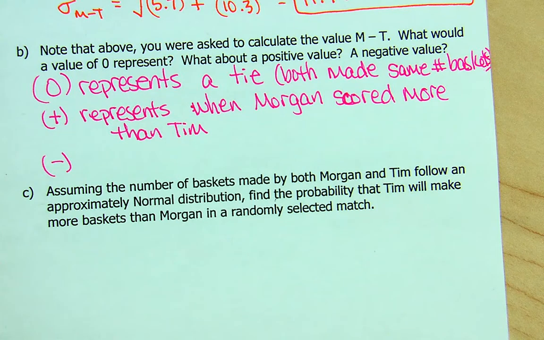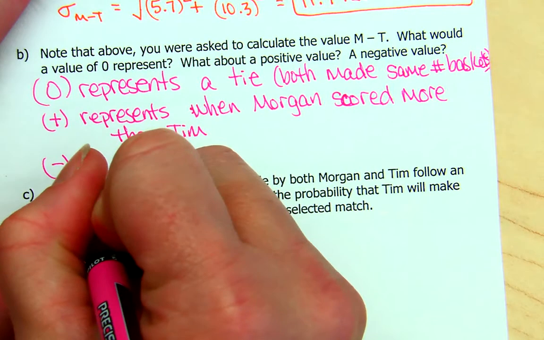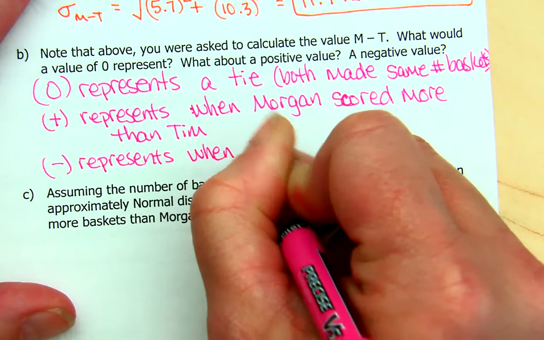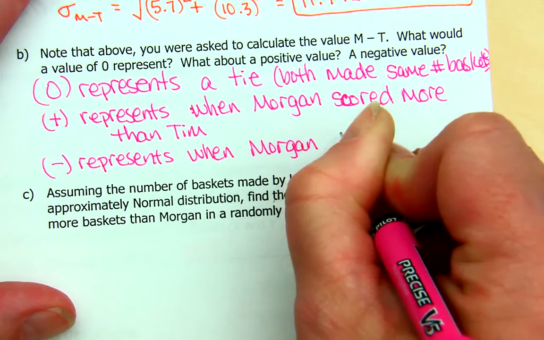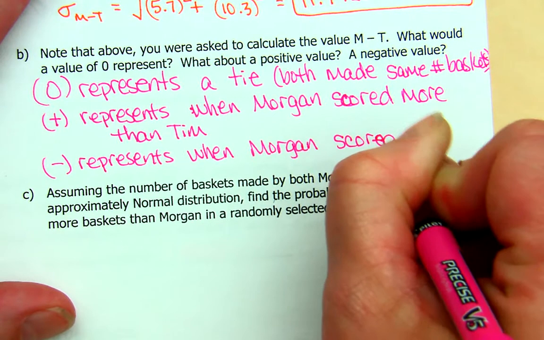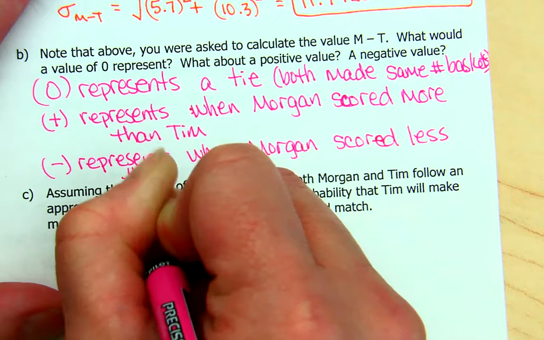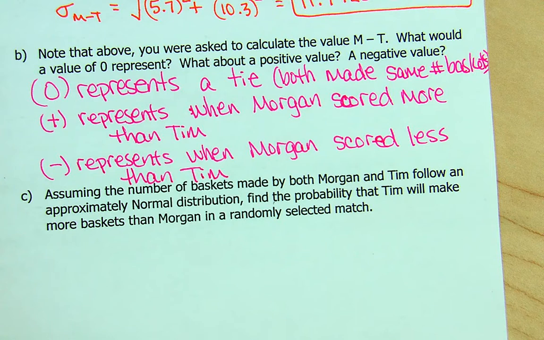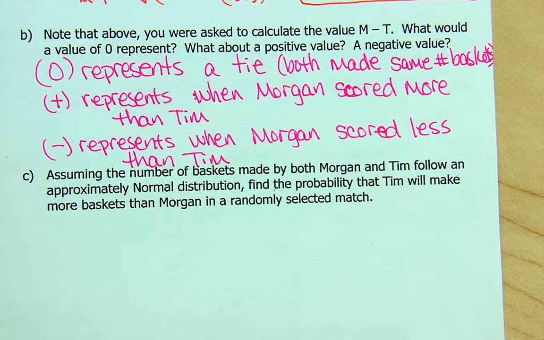Morgan scored less than Tim, or Tim scored more than Morgan, whichever way you want to write that. Again, this example is another one straight from an AP test.